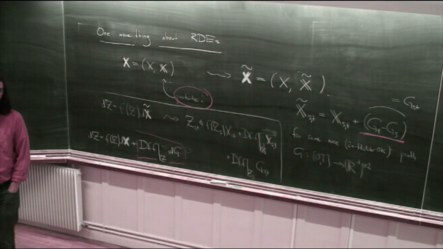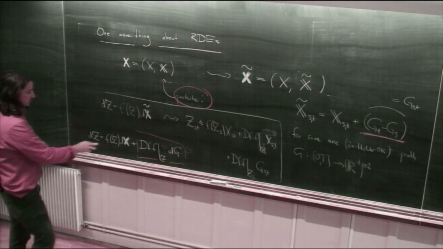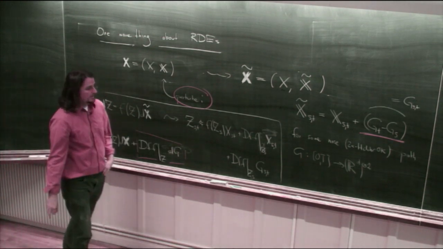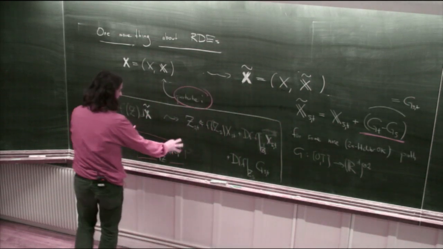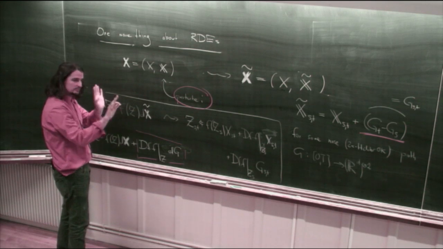And since G was assumed to be nice, you can write this out as G dot. And if you want to be sharp and look at 2 alpha, then you have to give this the interpretation of a Young integral, but let's not go there.